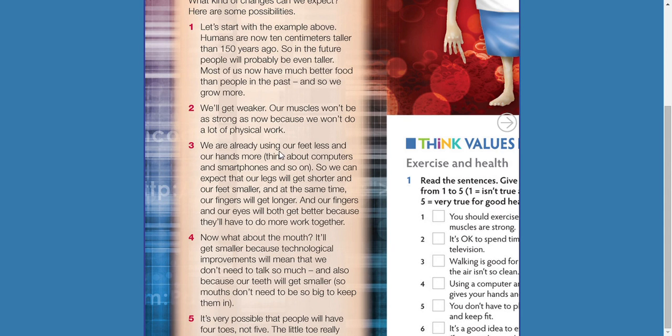We are already using our feet less and our hands more. Think about computers and smartphones and so on. So, we can expect that our legs will get shorter and our feet smaller. And our fingers will get longer, and our fingers and our eyes will both get better because they have to do more work together.